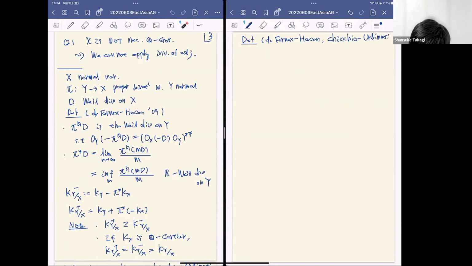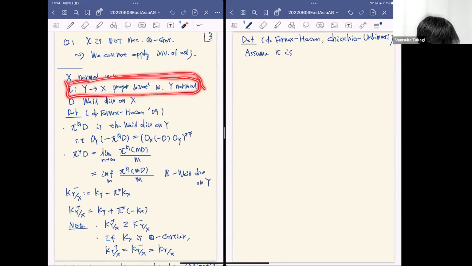Now I assume that pi, this proper birational morphism, is a log resolution.